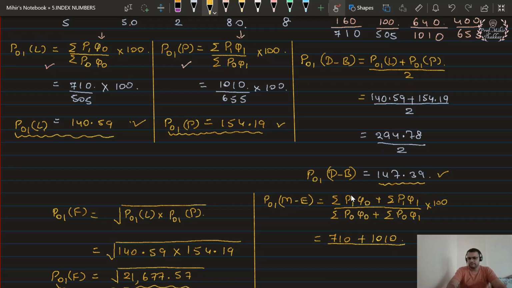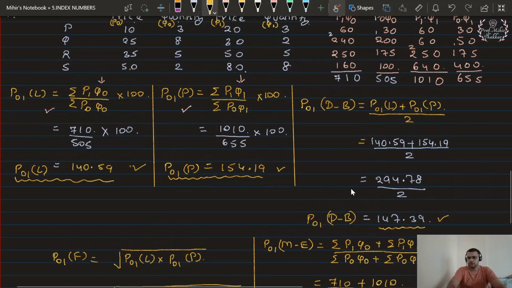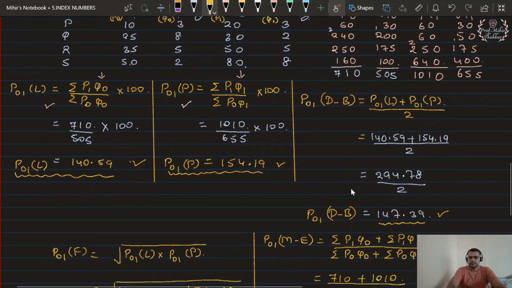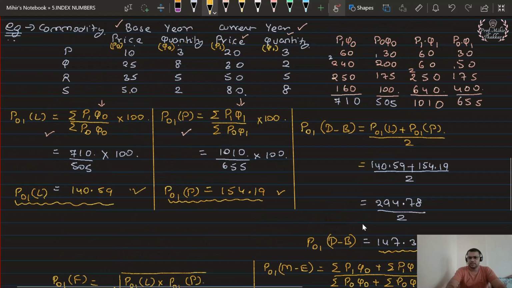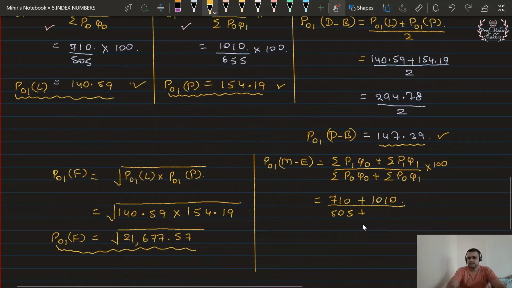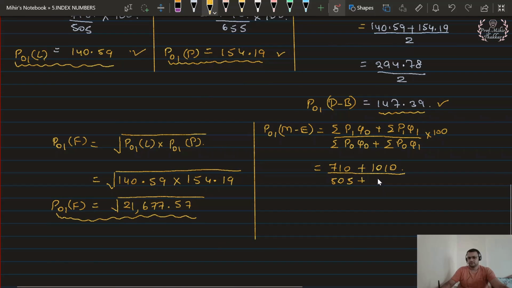For the value of P0 Q0, second column, 505, and for the value of P0 Q1, that is the last column, 655, and multiplied by 100.